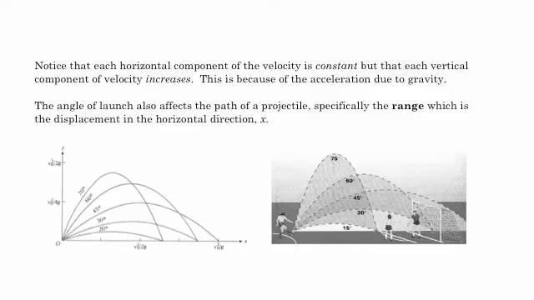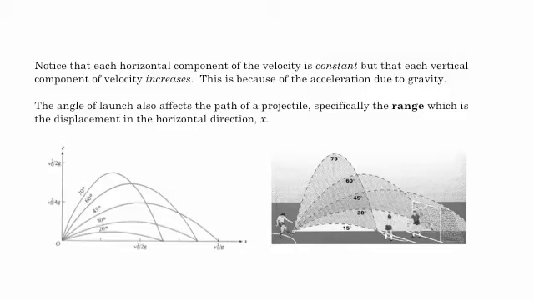We also know that the angle that we launch a ball, or a projectile, or really anything in general, also affects the path. Because you know that if you throw a ball, think about baseball, without very much of an angle, it doesn't go that far. If you throw a ball in a pop fly, right up in the air, it doesn't go that far.